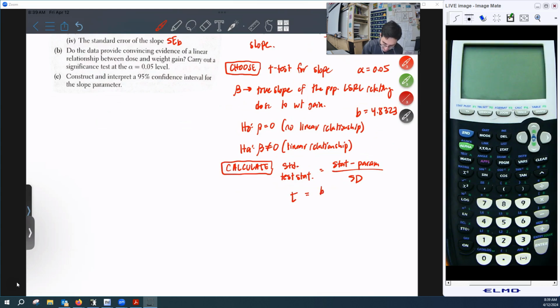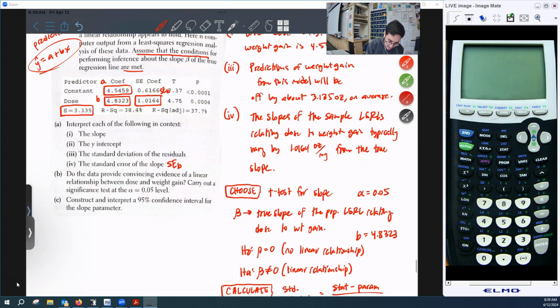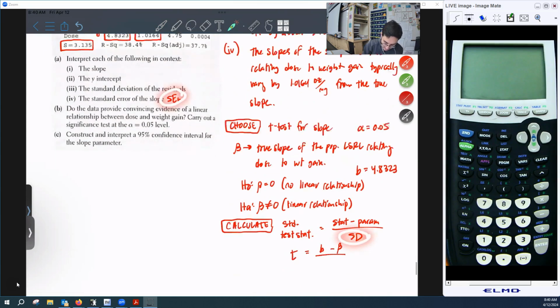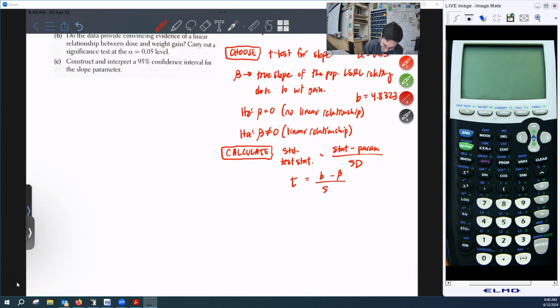The statistic is b, the sample slope. The parameter is beta, the true slope. And we don't have the standard deviation, but we have the next best thing, which is the standard error. Okay, so we'll be using the standard error there.